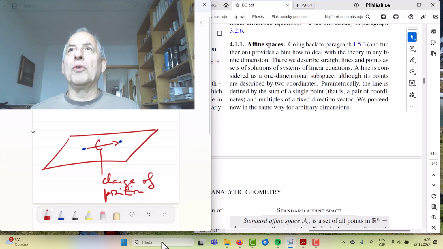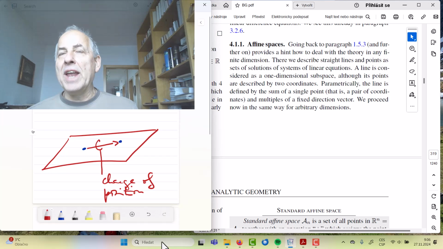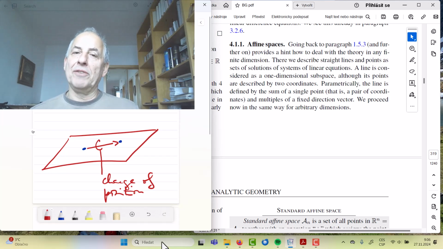And that's exactly what we have to deal with anywhere as you work with data. So you are interested in the values and in the fact how the values change. And this is the change of position.